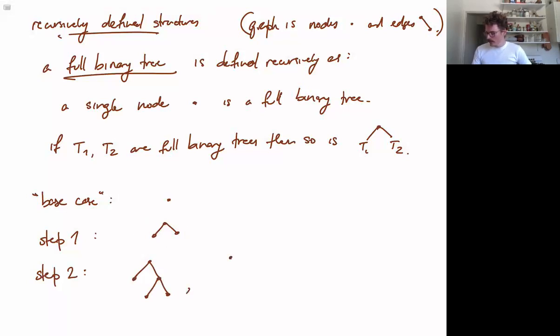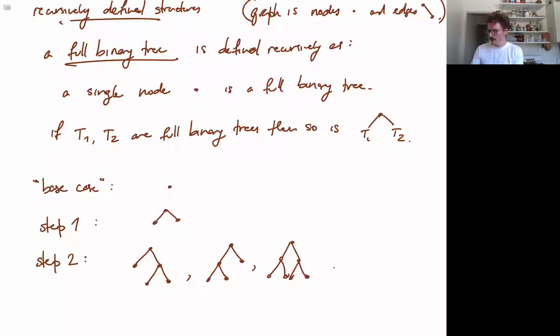And now we can do more things. We can put a single node on this side and put our little guy on the other side. Or we can put this guy on both sides. And that is all of step 2.